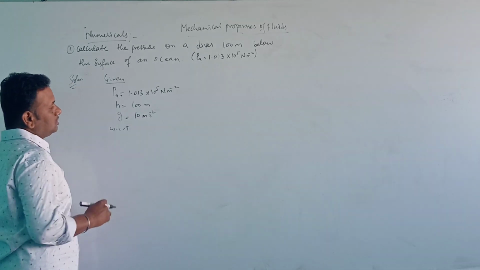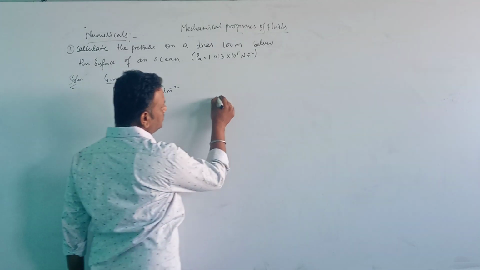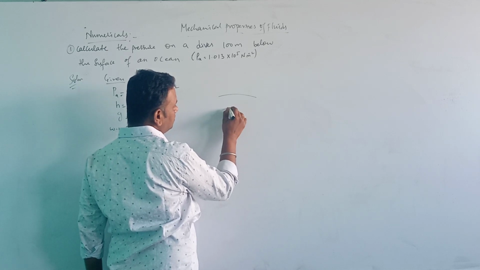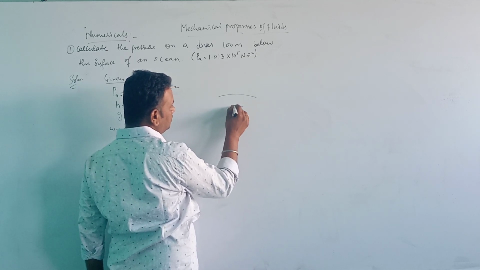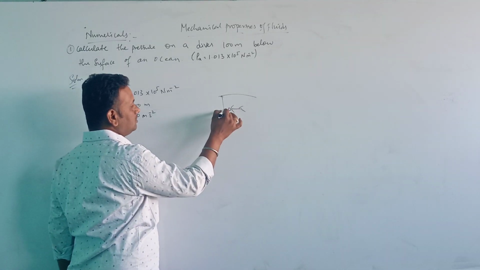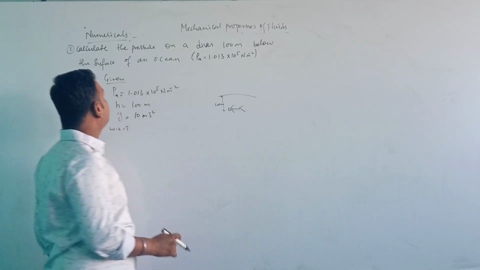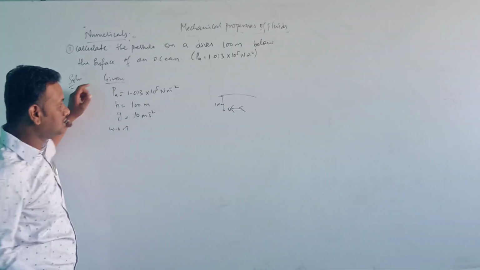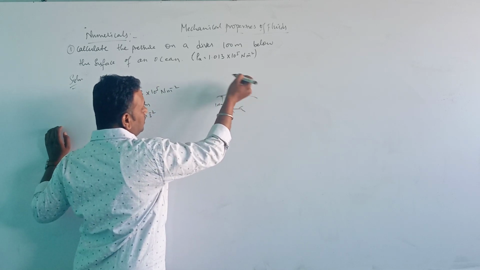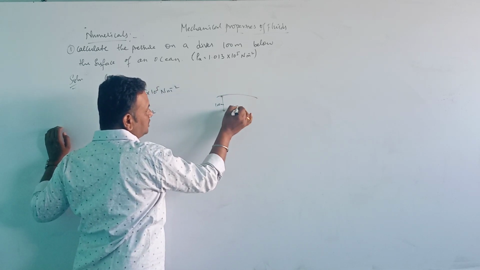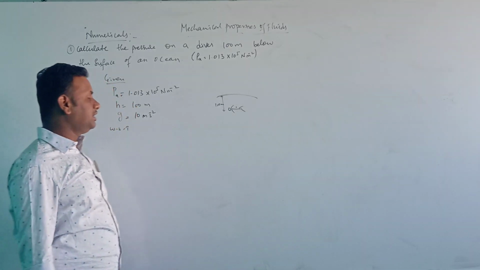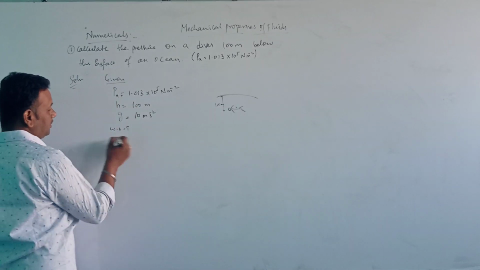So we know that when this diver is diving inside the depth of how much? That is 100 meter below the surface of an ocean. This is the surface. So here we have to find the pressure on this diver. Okay. So there, how can you find out?